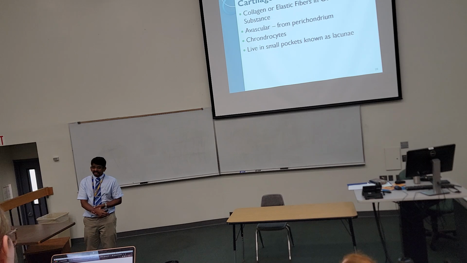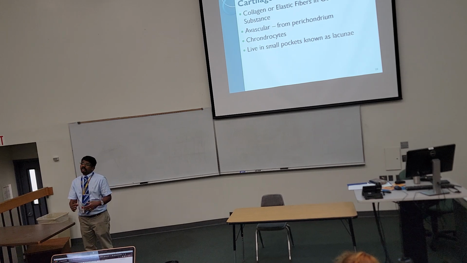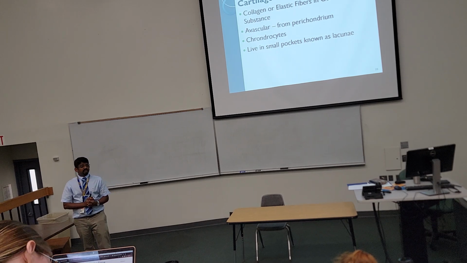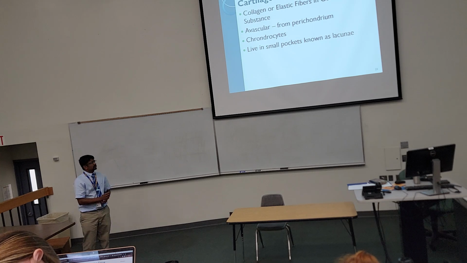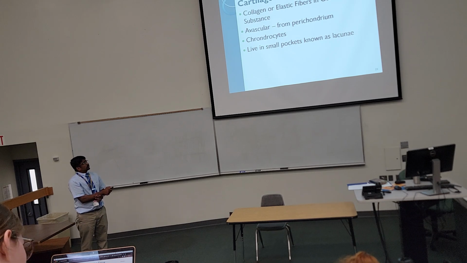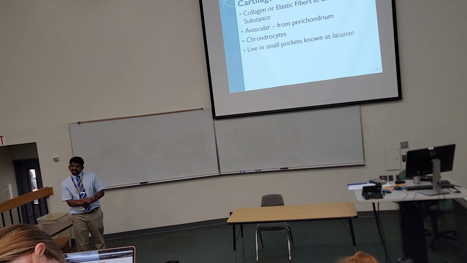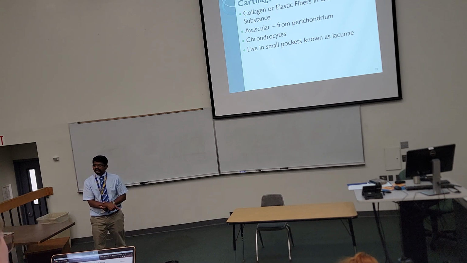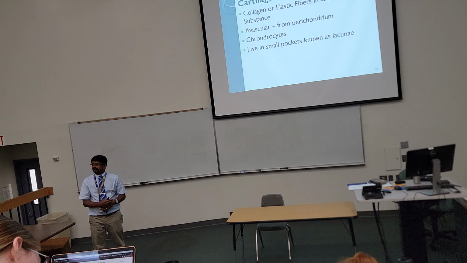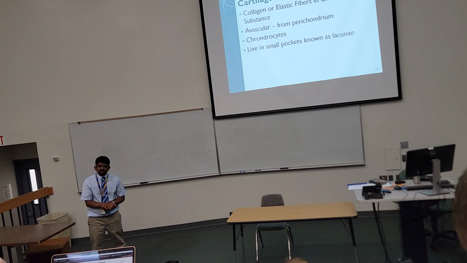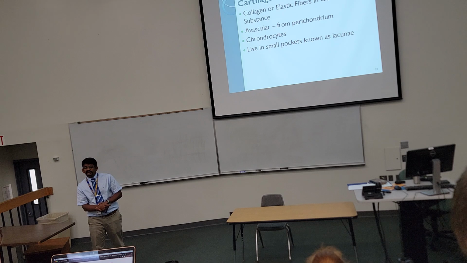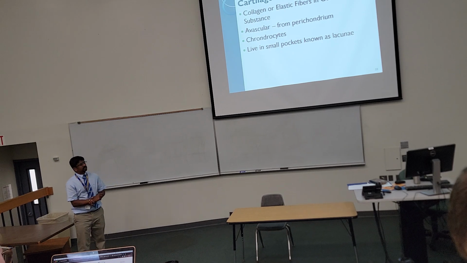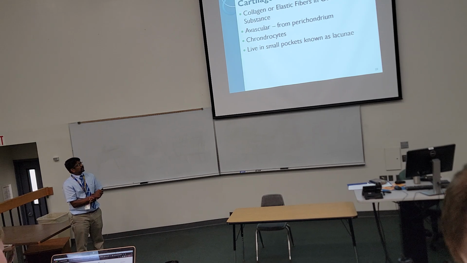Hyaline cartilage does have fibers, but we do not see them under the microscope unless it's stained differently. The perichondrium is connective tissue that surrounds cartilage and provides its nutrition, which is why a ruptured cartilage takes a long time to heal because of the lack of blood supply. It depends on the surrounding tissue.